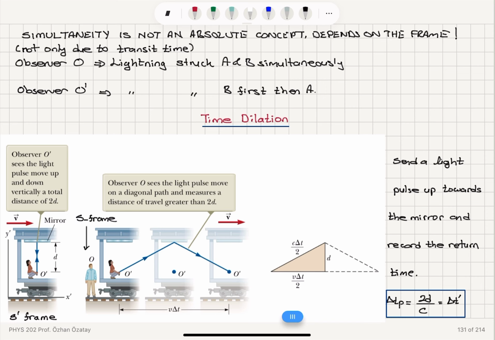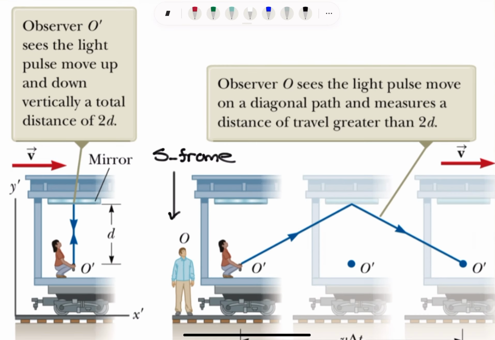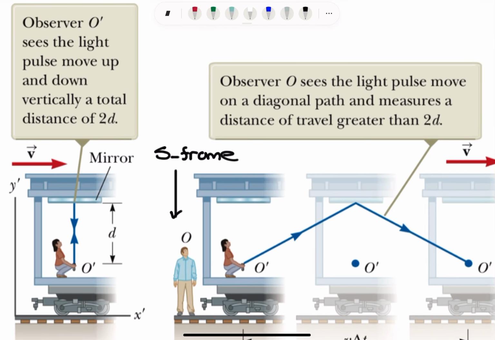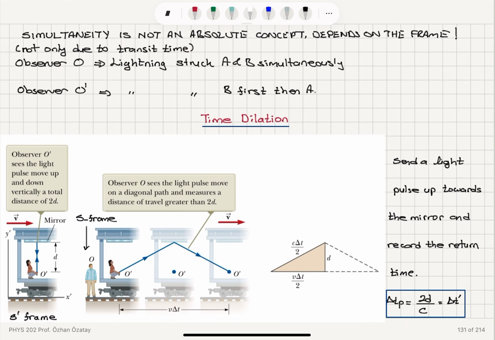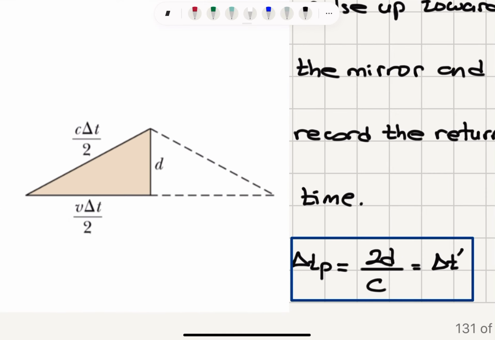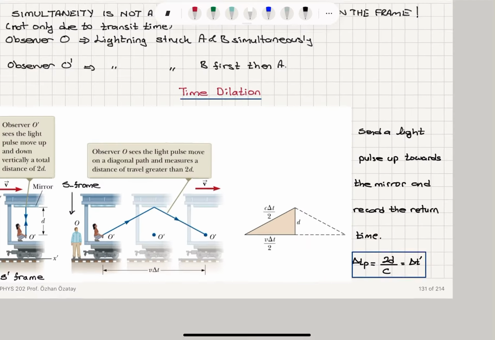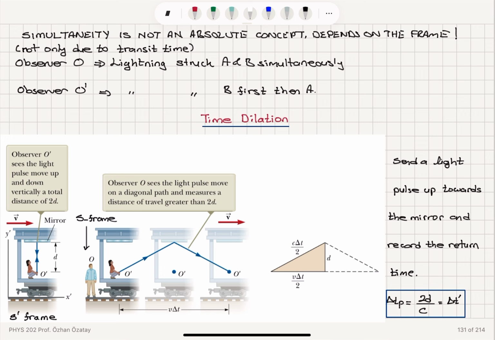Okay, so what is the time of travel measured by this observer? Well, this observer has the same speed of light c, so the total distance traveled is d plus d, 2d, so delta t prime, the time interval measured by the S prime observer, will be 2d divided by c.